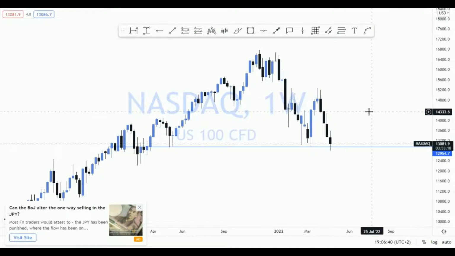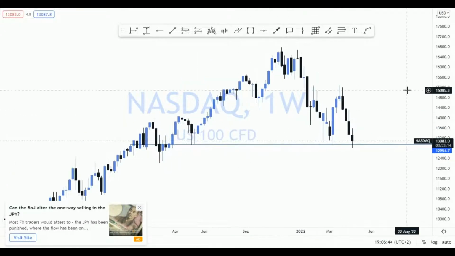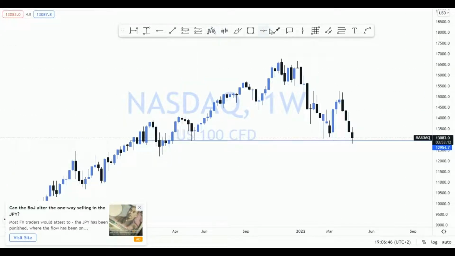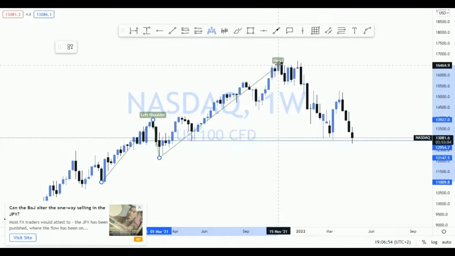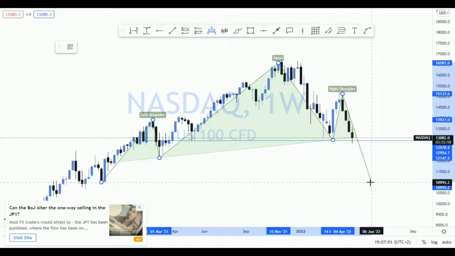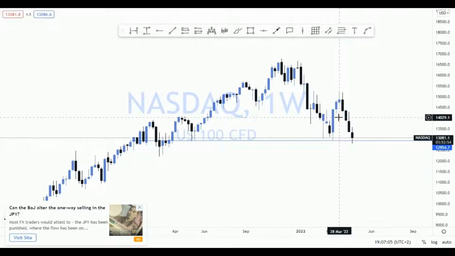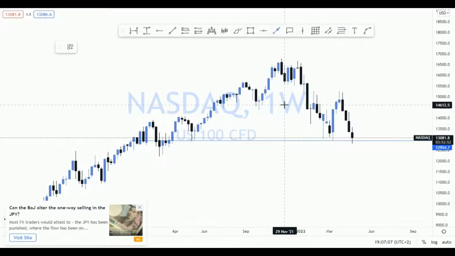rookie mistakes. Again, now that I've seen that, another thing that I've noticed here, which is not significant but something you can take note of, is this form of a head and shoulders pattern that has been forming here, right? Now we can clearly conclude that the market is now changing in trend, right?